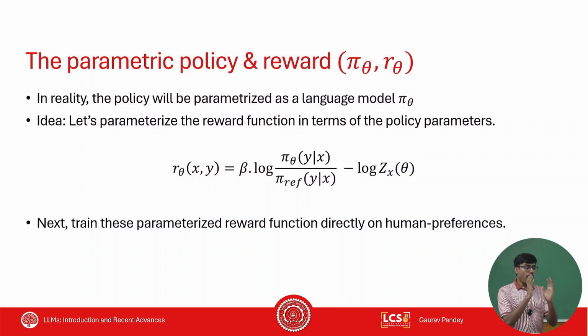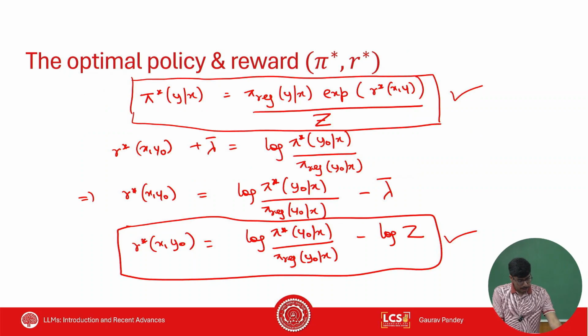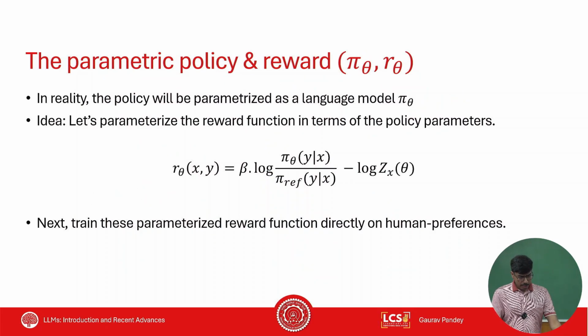We know that the optimal reward function can be expressed in terms of the policy as shown here. But can I define a non-optimal reward function, the one reward function that I am training, as a function of my policy, which is also not optimal? This constrains the reward function. You are not learning an arbitrary reward function anymore.